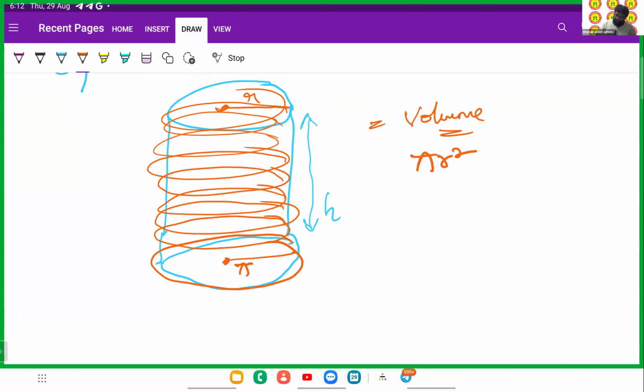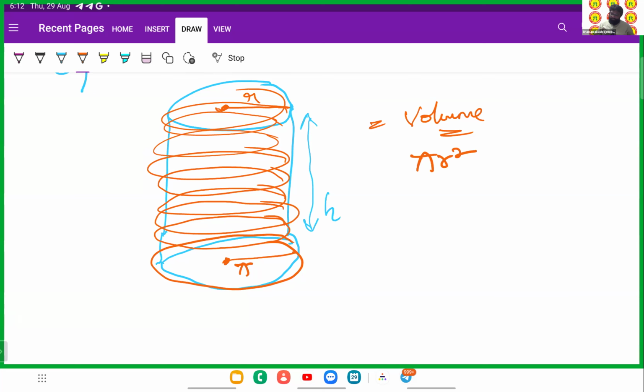So if you see here, these circles are coinciding with each other. So how many times is each circle coinciding? If you cut a circle of pi r square and place it, and cut another circle and place it on it, and keep on cutting all the circles and keep them on one, that will form a cylinder.